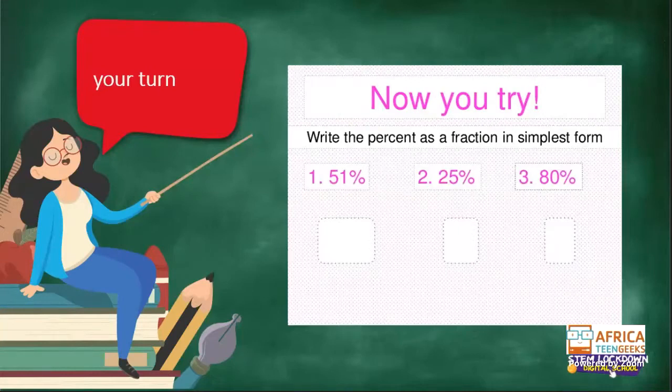It cannot be 1 over 2 because it is 51%. If it was 50 on the dot, then it would have been 1 over 2. But because it is 51%, it will be 51 over 100.